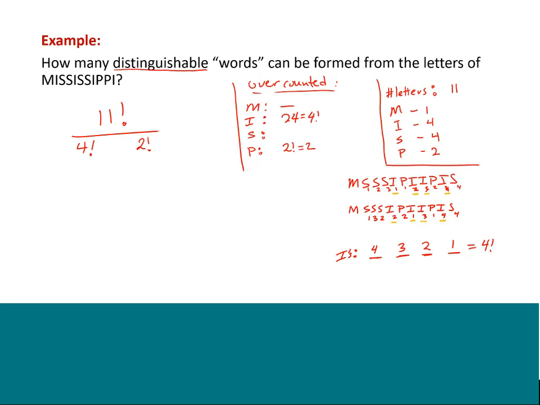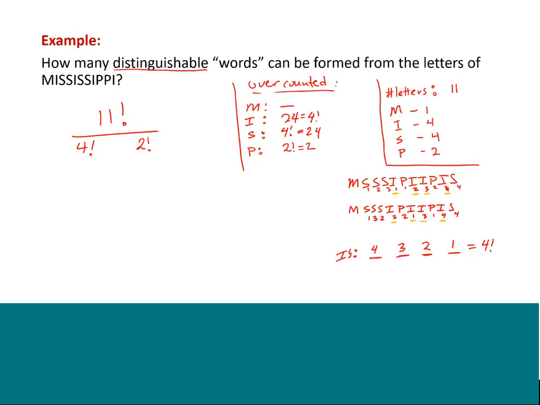So the S's would mimic exactly what was going on with the I's. As soon as you have 2 or more copies of the same letter, you're going to be overcounting, and you divide out by blank factorial, and that blank would be the number of duplicated letters. So with S, you have 4 S's, so this 11 factorial is overcounting by a factor of 4 factorial, or every time you have a unique word, there's 24 copies of the exact same word with respect to the S's.